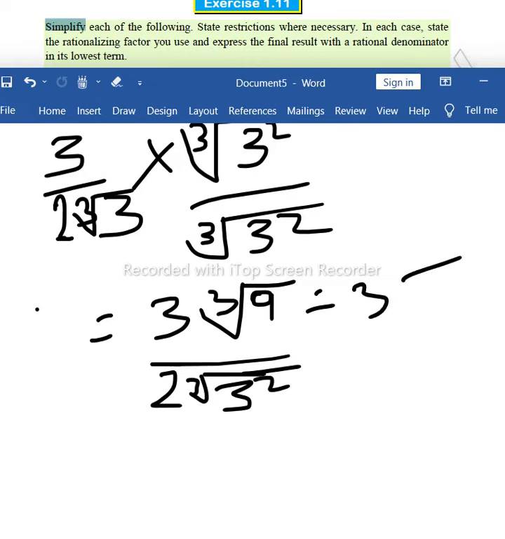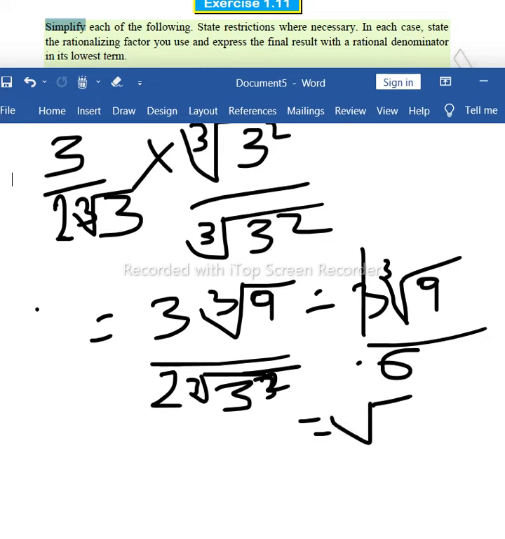We get 3 to the power of 3, because we have to add these. The cube root of 27 is 3, so 2 times 3 we get 6. This will be simplified like this, cube root of 9 over 6, by 3 we get 2. So this is the final answer for this question.